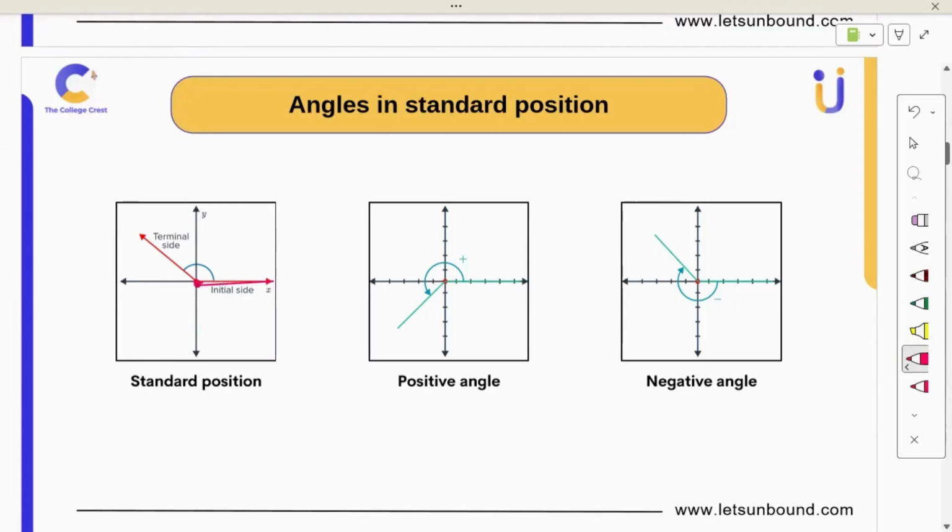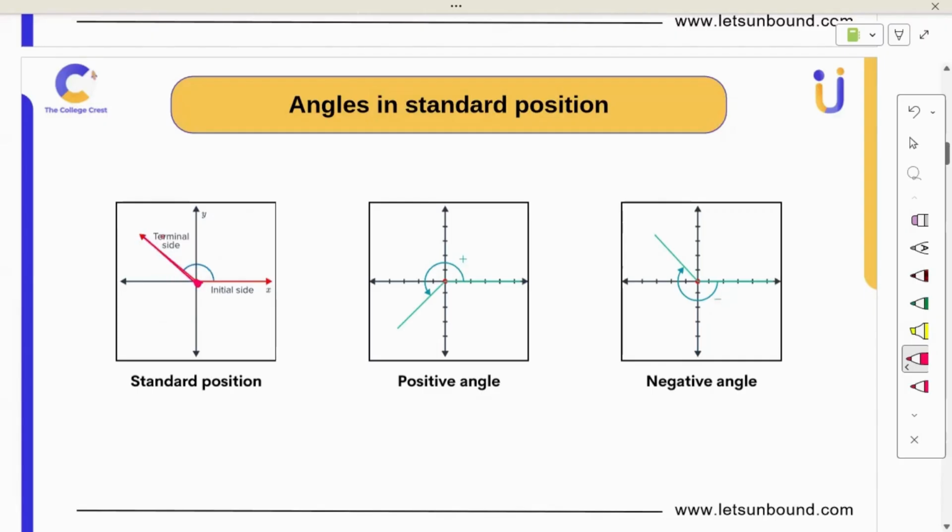Then the terminal side can be anywhere, even coming back to the start. You can say 360, and even more than 360. You do one rotation of 360, then go 90 more, or 360 plus 10. You can do many rotations here.